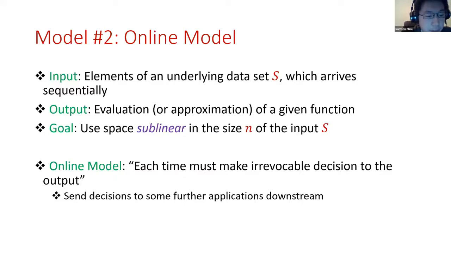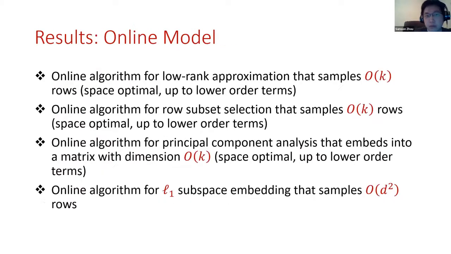This is more appropriate for applications where we need to make a decision and send our decisions downstream for further processing. We obtain the first algorithms for low-rank approximation, row subset selection, and L1 subspace embeddings in the online model. We also get an algorithm for online PCA. Our algorithms are all space optimal, and they're also time efficient.